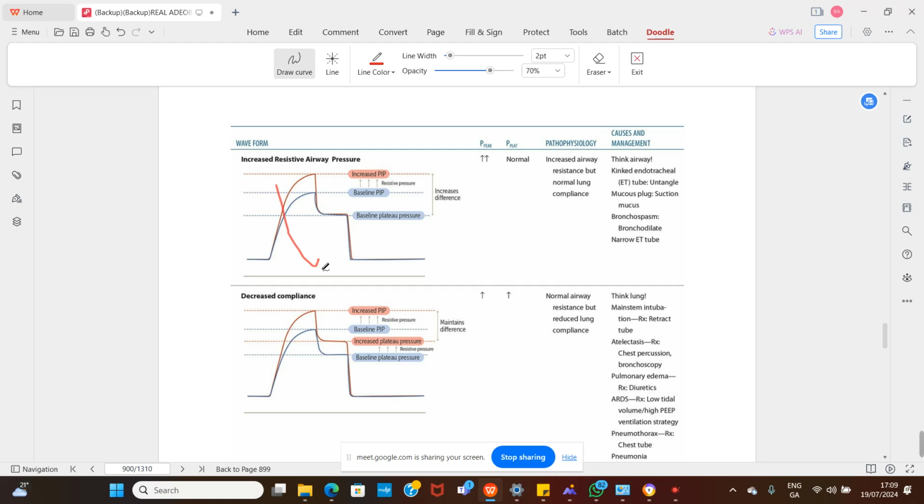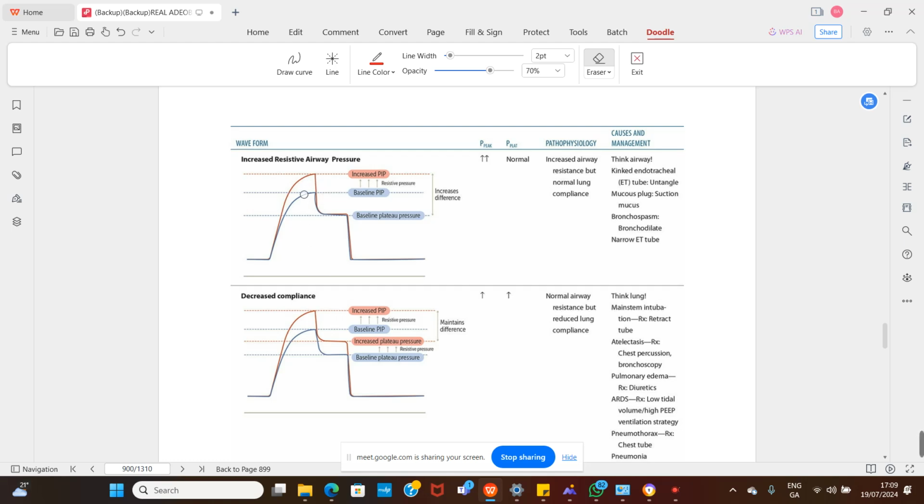So there's nothing affecting the plateau pressure. So we can say that the compliance of this lung, is it okay or not? Reduced? No. Look at my question. There's nothing affecting the plateau pressure. The plateau pressure is fine.